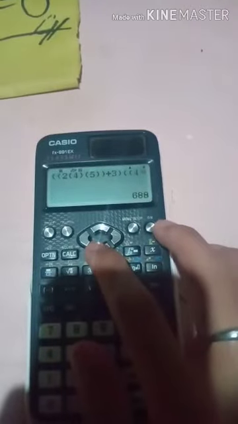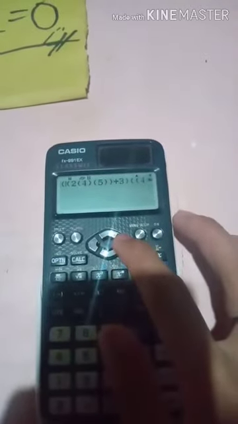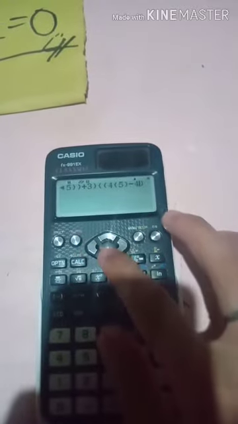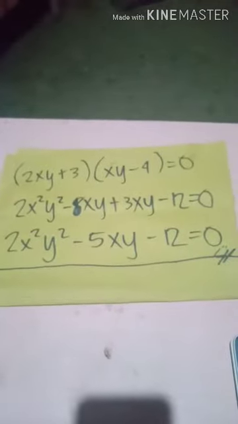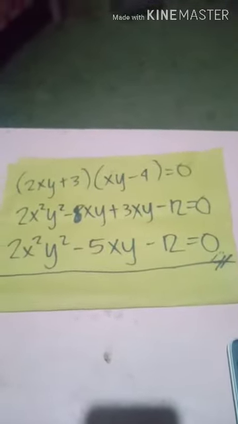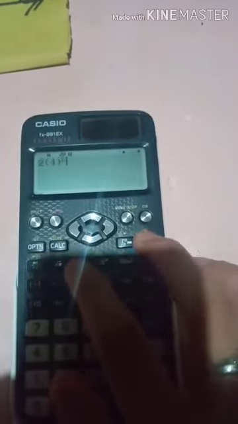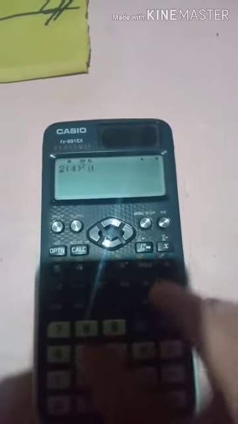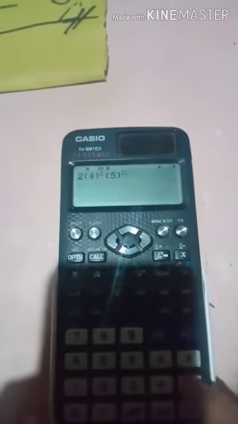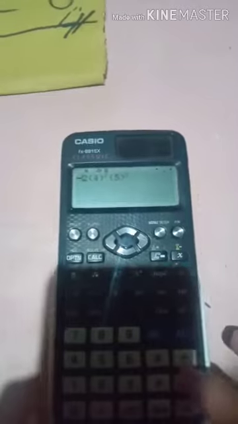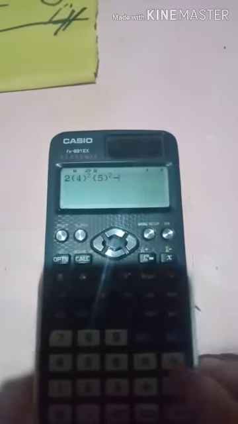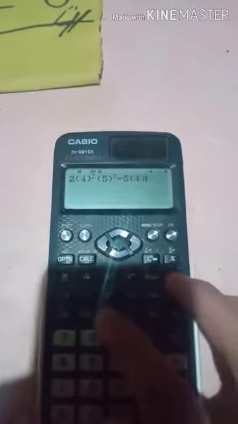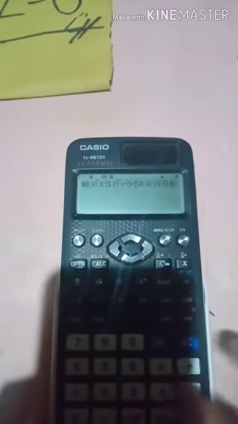Next we take our answer, 2x squared y squared minus 5xy minus 12 equals 0. Our x is 4, so 4 squared, and y is 5, so 5 squared, minus 5 times 4 times 5 minus 12.